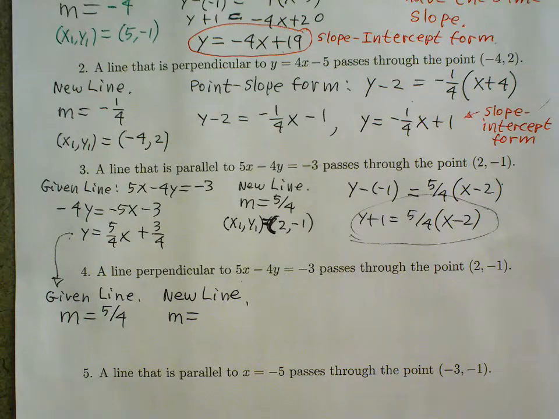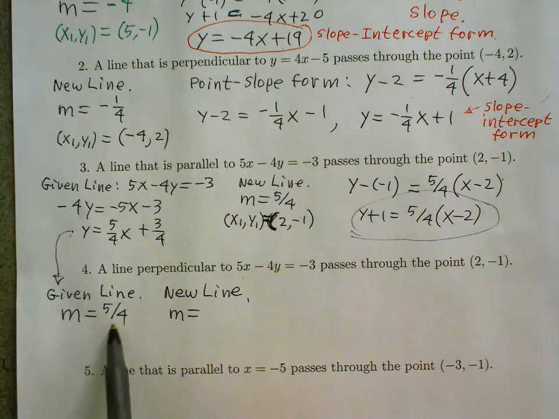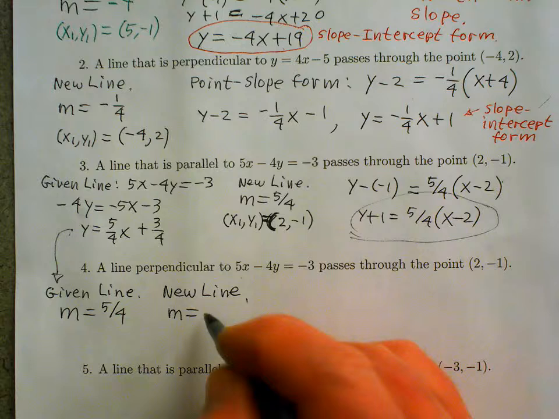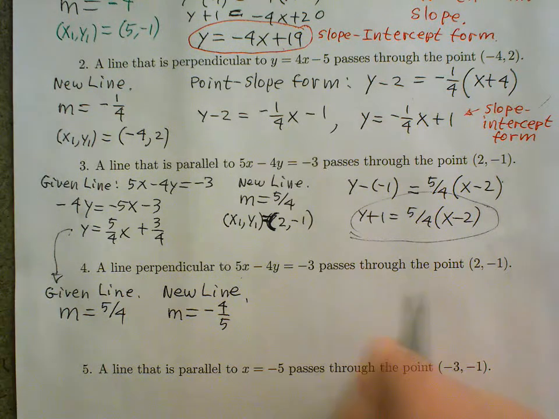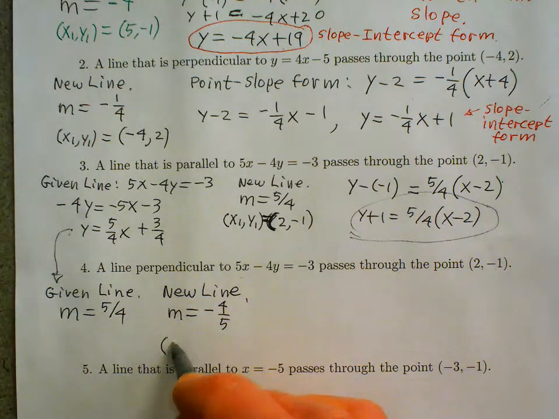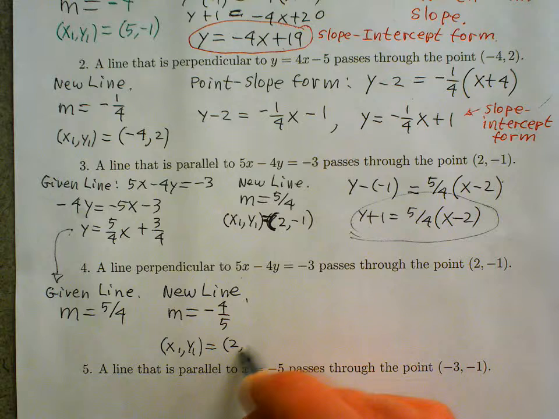Yeah, -4/5. It's the negative reciprocal of 5/4. So it's -4/5. And the new line passes through the point (2, -1). So that means our x1, y1 is (2, -1).